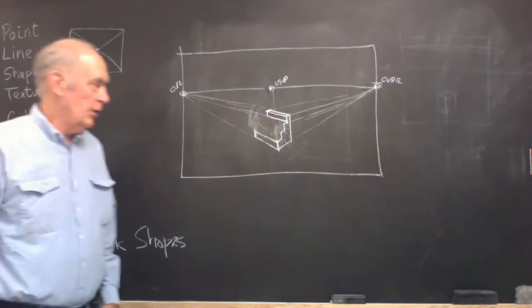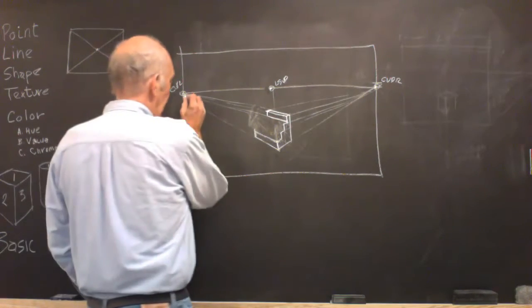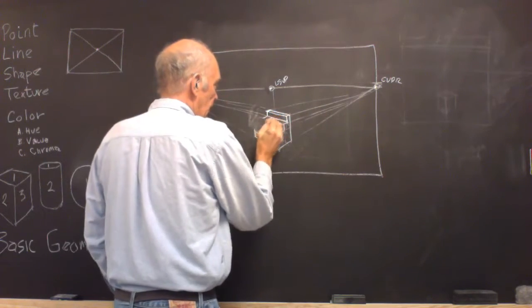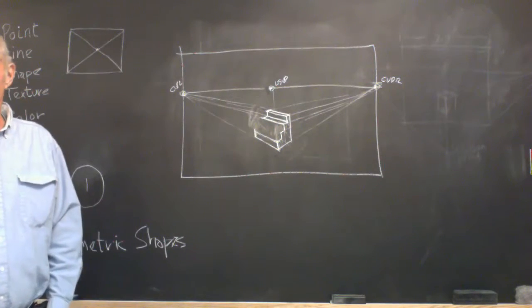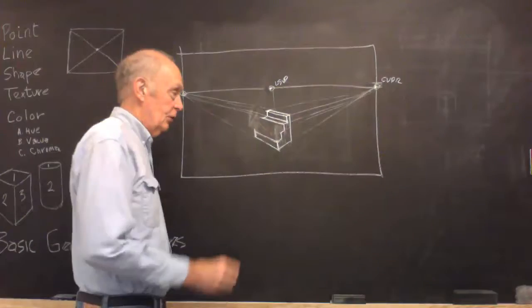The next thing I'm going to do is draw the top of the second step from the top. And I go over here and go over there and draw the top of that second step. Now I draw the next face. It's just going through the motions now.